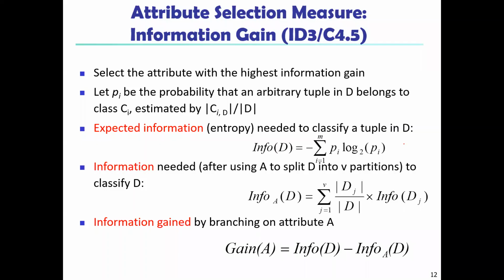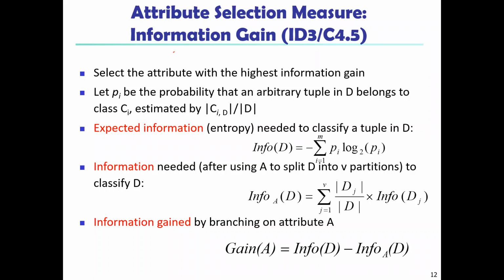Attribute selection measure specifies a heuristic for selecting the splitting criterion that best separates a given data partition of class-labeled training data into individual classes. As we know, the decision tree algorithm contains three input parameters.